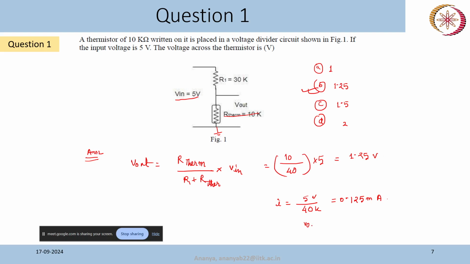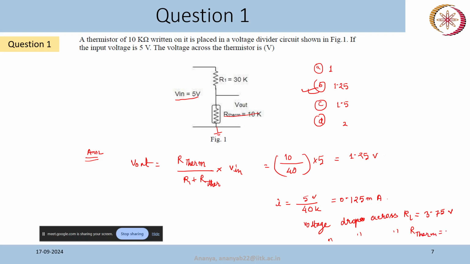So the voltage drop across 30 kilo ohm, R1, will be equal to 0.125 milliampere into 30. So this is 3.75 volt, right? And the voltage drop across our thermistor will be 0.125 into 10, right?